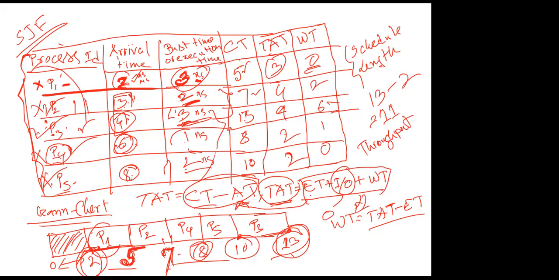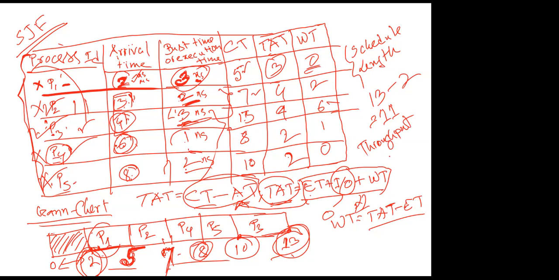What does it mean? It means that per unit time, how many processes actually execute. If you consider the time unit as a nanosecond, then per nanosecond, how many processes execute. Or if the time unit is a microsecond, then every microsecond, how many processes were executed.